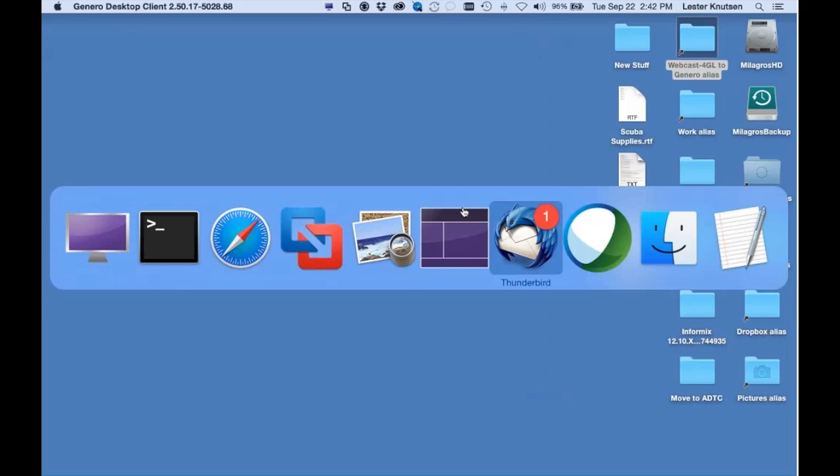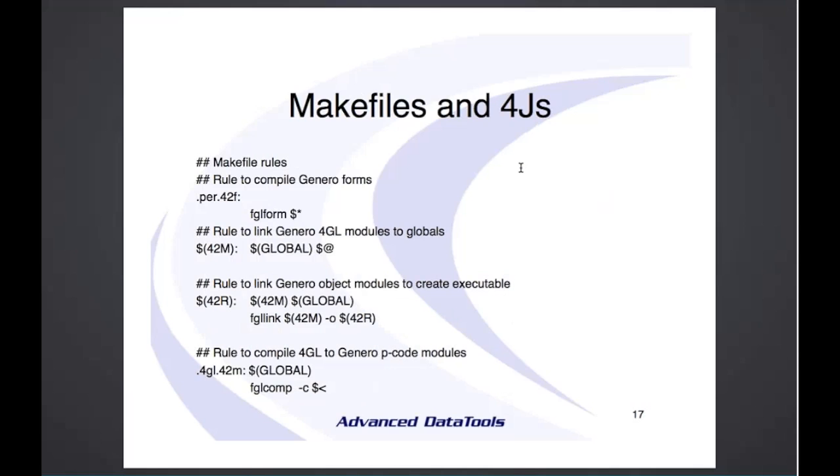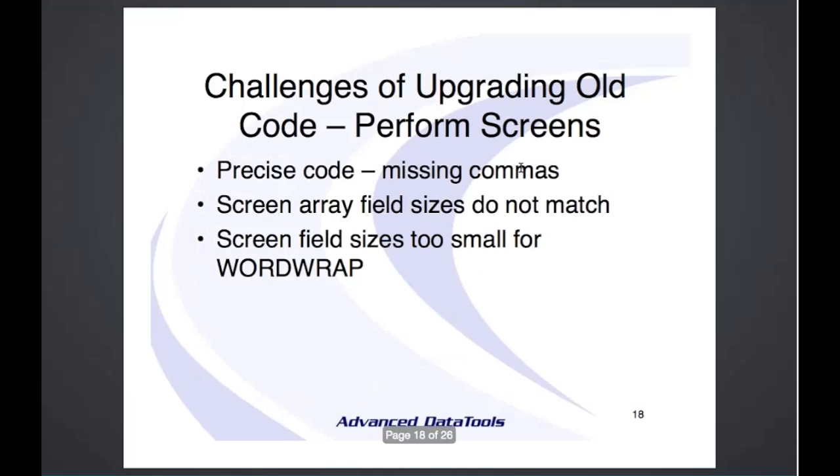So let me see what else I wanted to cover. Some of the challenges. I forgot about this. The big challenge after you found your code, and that's actually, I think, the first challenge when you upgrade code, is making sure you have all the code. And, you know, I've been on site where people say, oh, we can't find the code. What are you going to do about it?